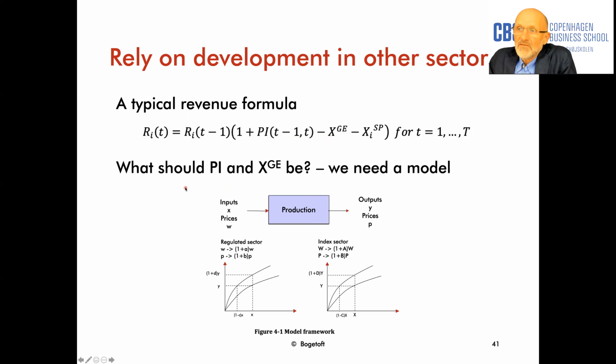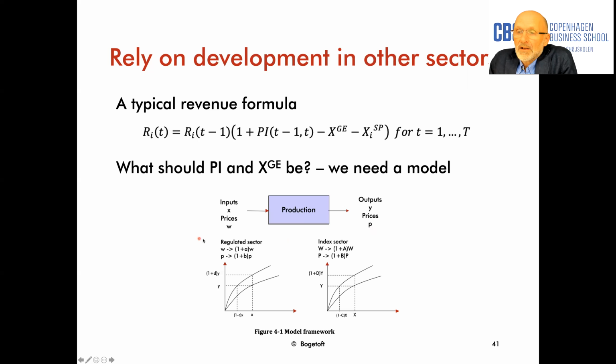Just to give you an idea, I've made a very simple model framework here. So we have production, and we use input X to produce output Y. The prices of inputs are W, the prices of outputs are P, like we've used in other slides in this set.